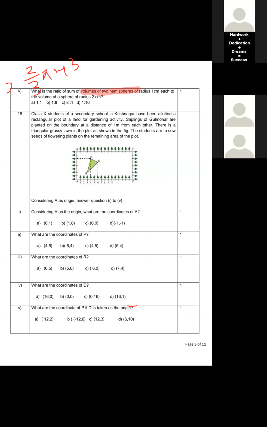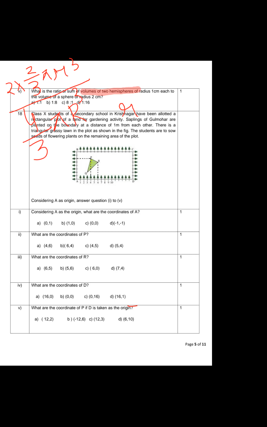Two hemispheres, so 2 into this, divided by volume of the sphere, 4 by 3 pi capital R cube. Small r is 1, capital R is 2. 4 by 3 pi will get cancelled. So it will be 1 is to 8.